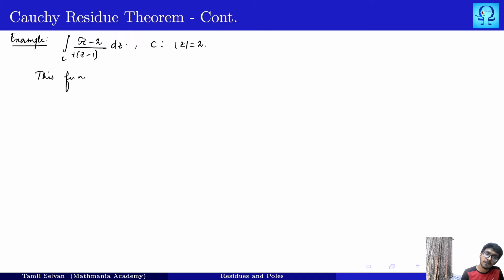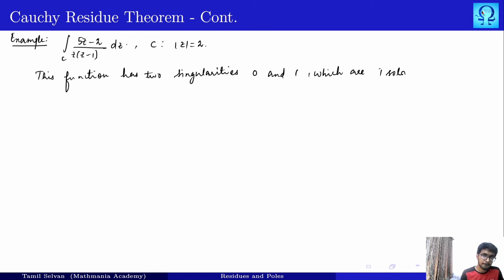This function has two singularities, 0 and 1, which are isolated. So we will have to calculate the residue about these two points.